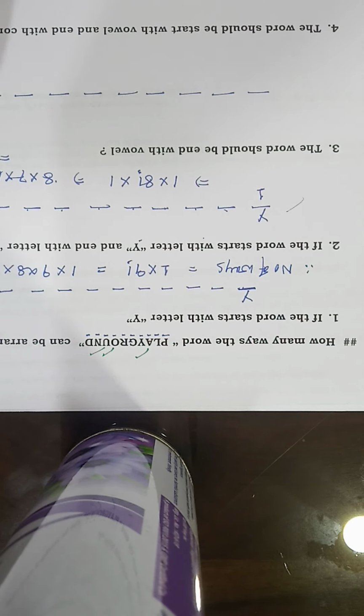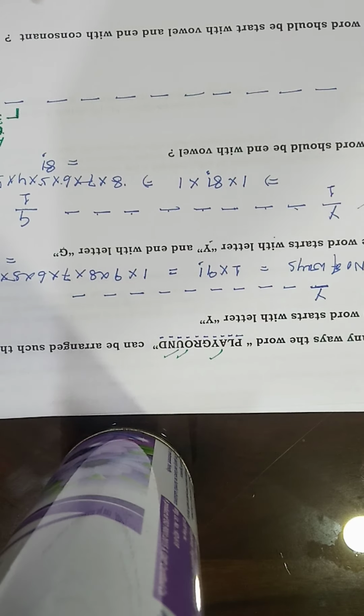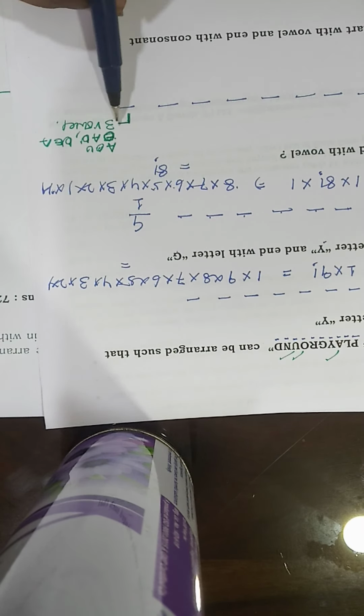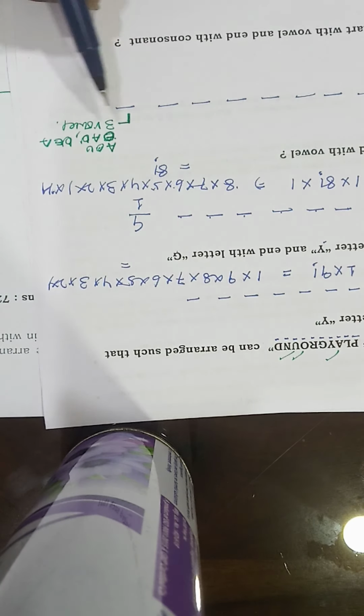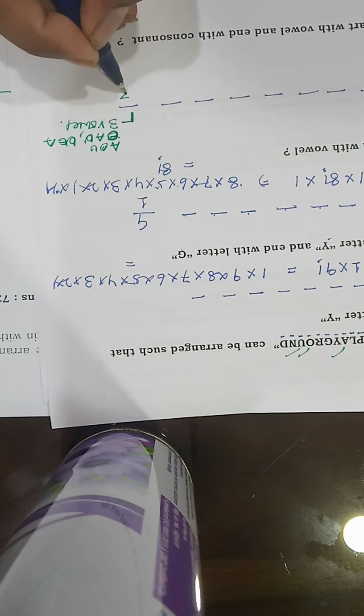Just see how many vowels there are. There are 3 vowels at the end. So there are 3 vowels, which is 3.